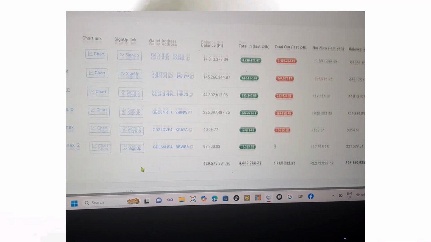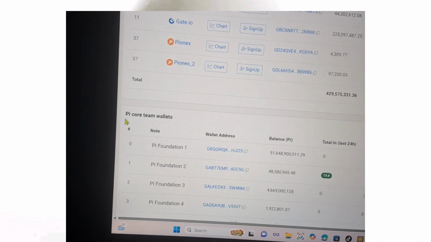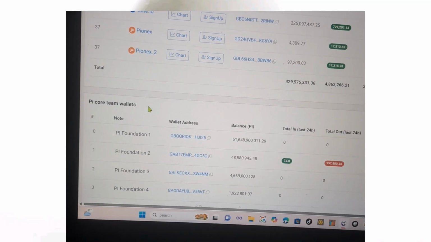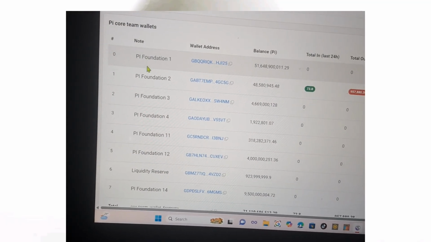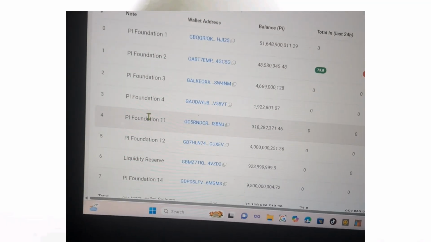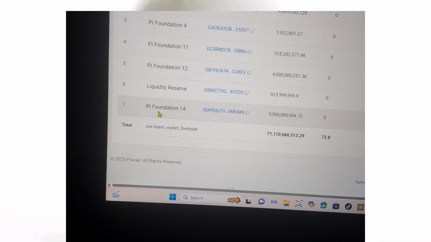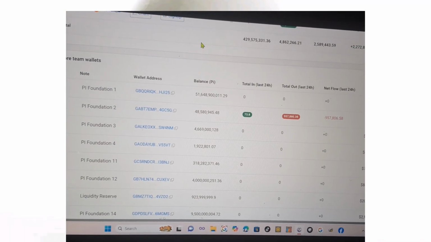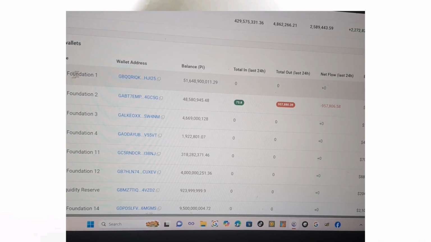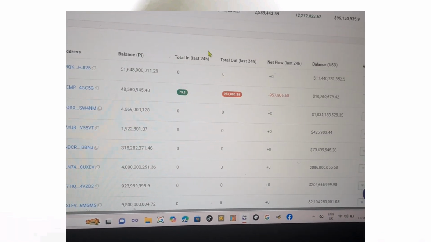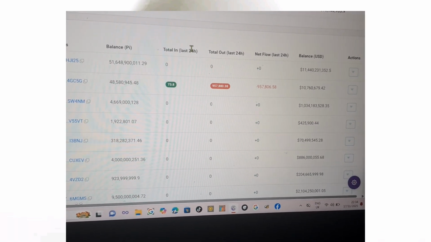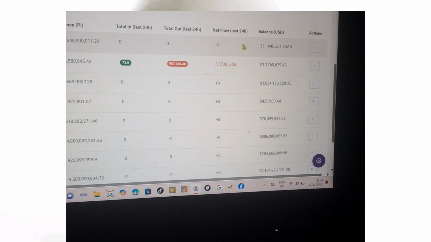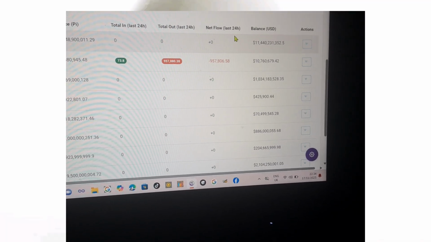Down here, when we scroll down, we are going to see the Pi core team wallets. So these are wallets owned by the Pi core team. You can see we have the Pi Foundation 1, Foundation 2, Pi Foundation 3, all the way to Pi Foundation 14, and the amount of Pi they hold. So these are the addresses of these wallets, the amount, the total inflow in 24 hours, that is a day, total outflow, and the net flow in 24 hours, and their balances.